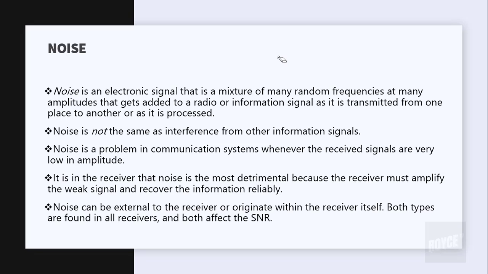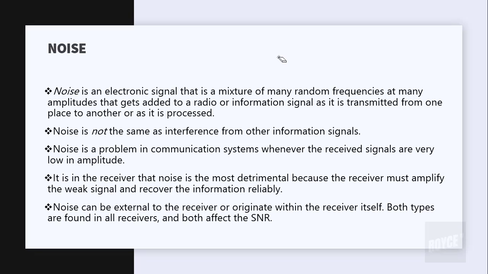Okay. Now, sa receiver, we know that noise is the most detrimental. Bakit? Kasi yung noise kasi maliit eh. Diba? Kung sa transmitter sumakay yung noise, walang problema. Bakit? Malaki pa naman yung signal natin doon.